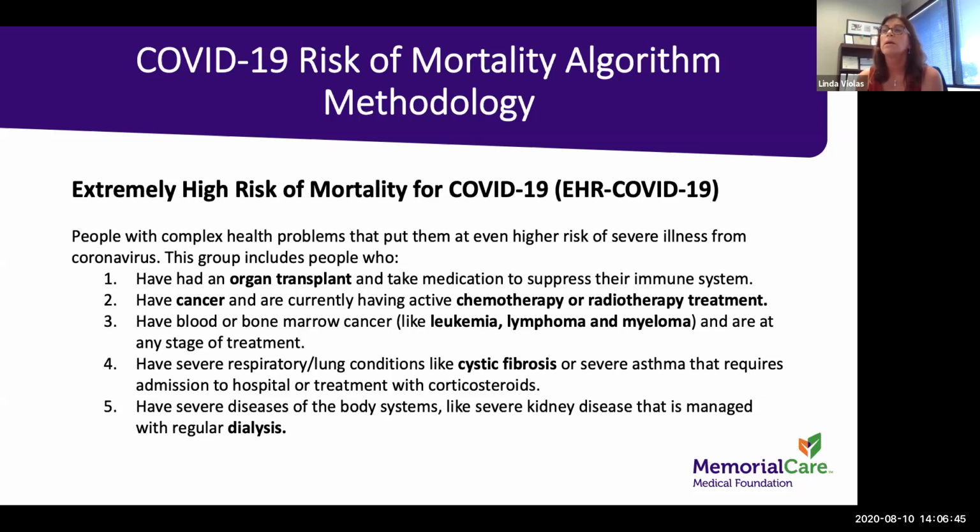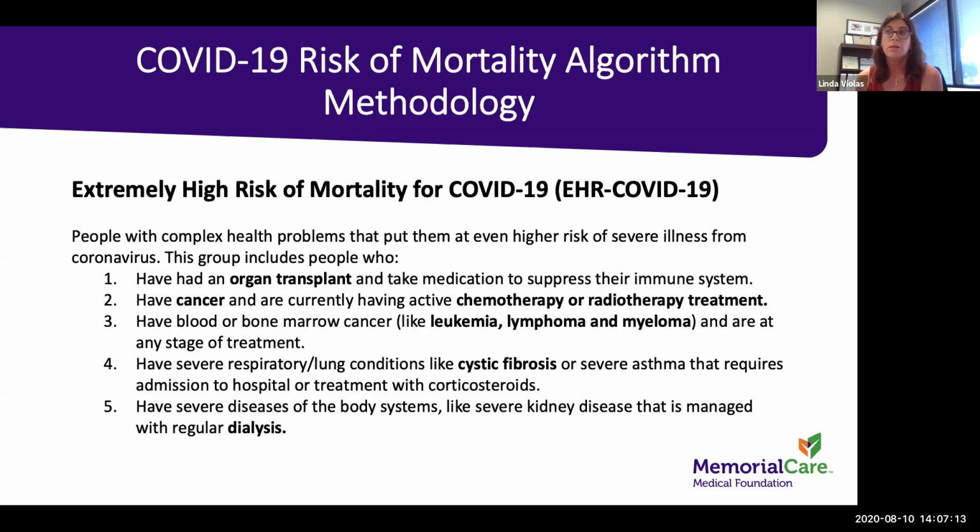The next section would be patients with a cancer diagnosis, and those particularly that are receiving chemotherapy right now. This is their stage of treatment, or they're getting radiation therapy. So these patients, again, we want to single out. Now, in the case of the blood or the bone marrow cancers, your leukemia, lymphoma, myeloma, any stage of treatment will qualify you to be at extremely high risk of mortality.